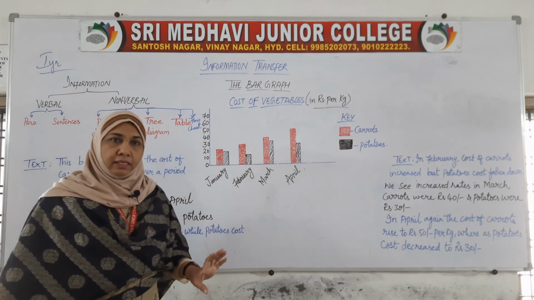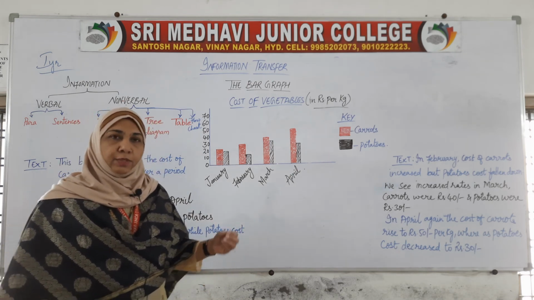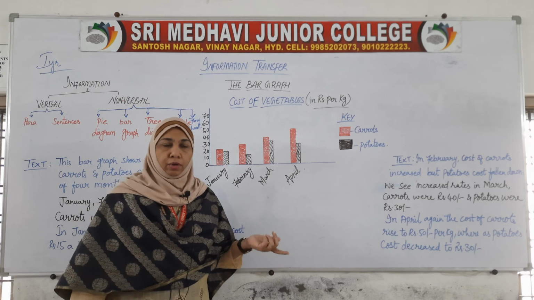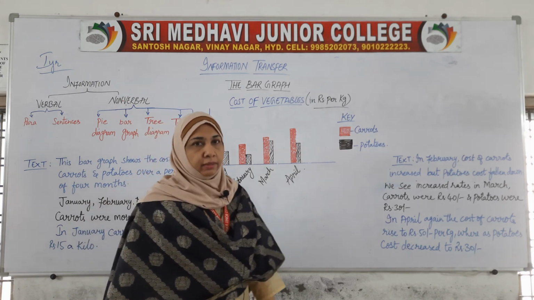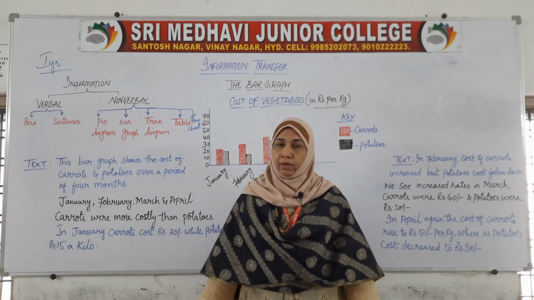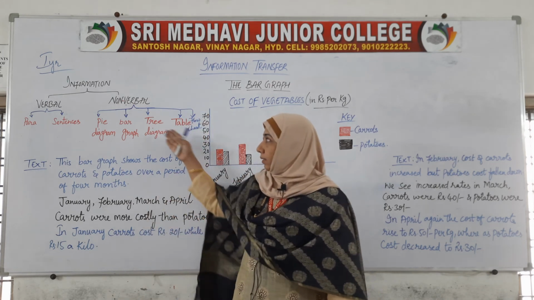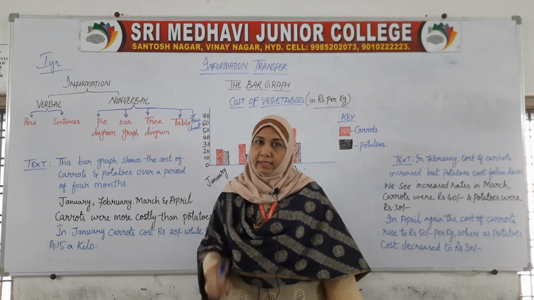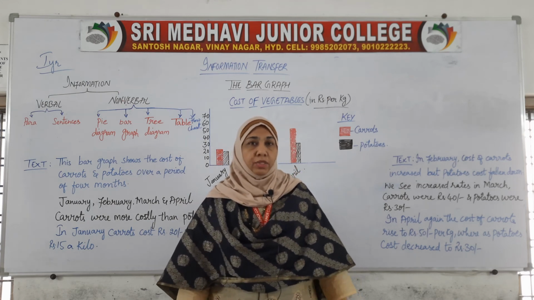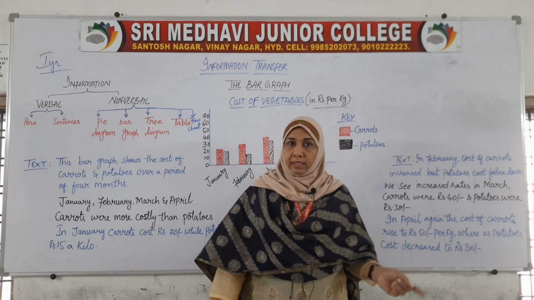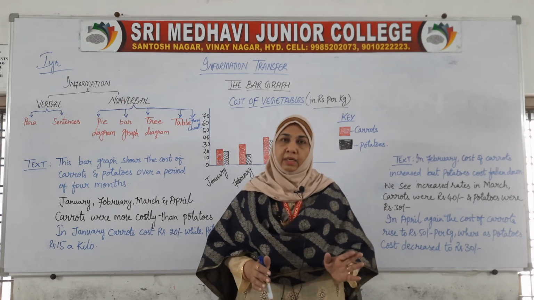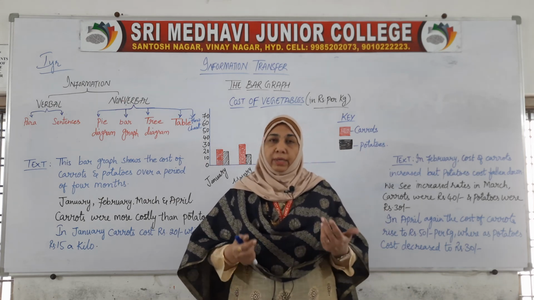In the next class, we will go ahead with the explanation of another non-verbal as well as verbal part of a diagram. By that time, try to understand this, read it in the reader and in the study material very clearly, check it out, and do it on your own.